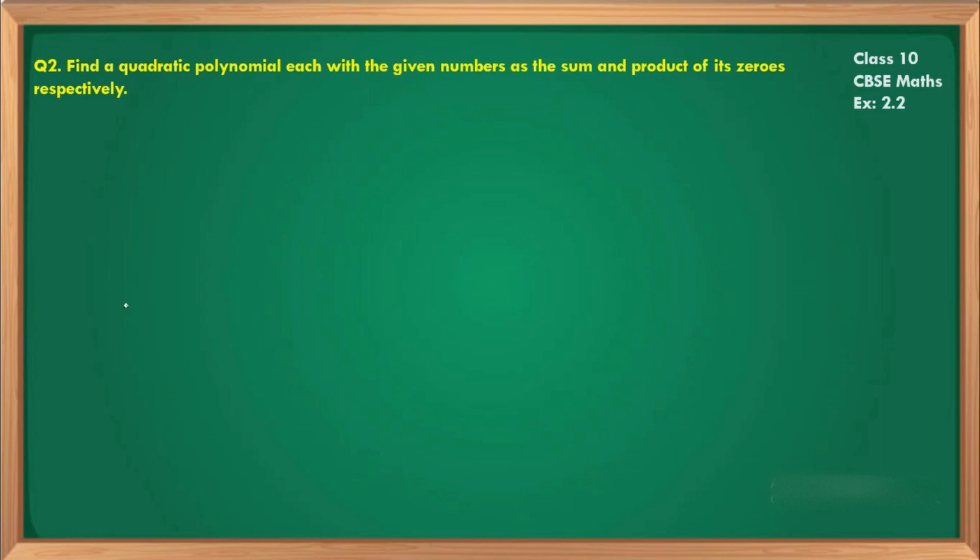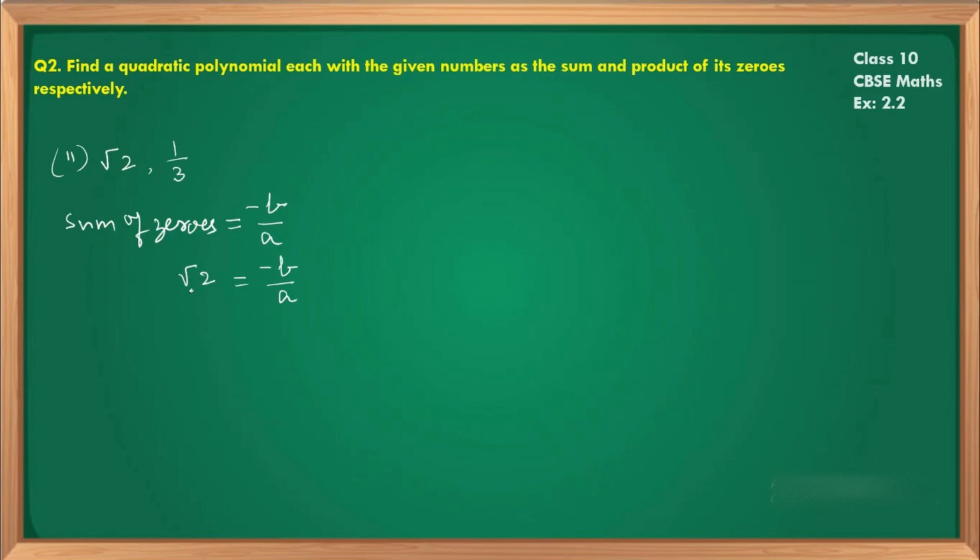Now the second question is root 2 and 1 by 3. Now root 2 is the sum of zeros, which is equal to minus b by a. Root 2 is equal to minus b by a. Root 2 is the sum of zeros as per the question. That's what we have written here.